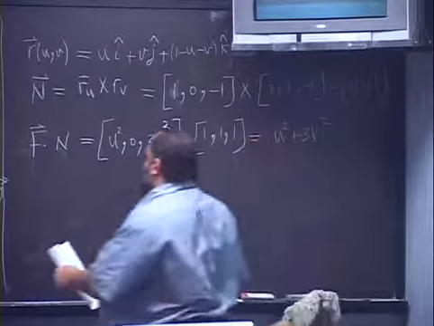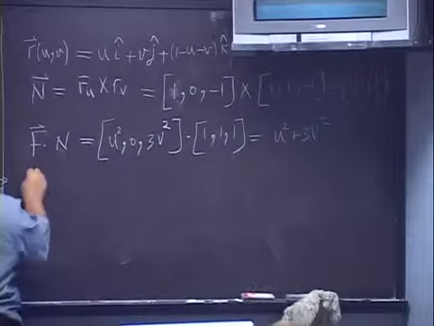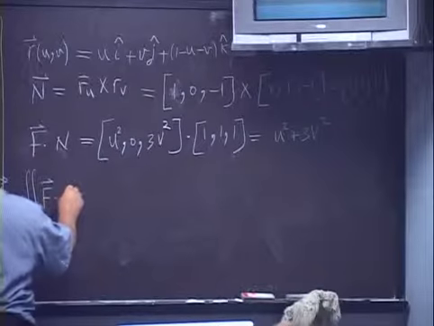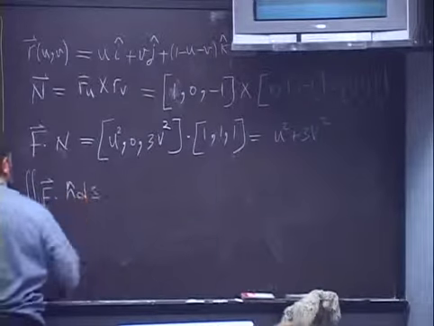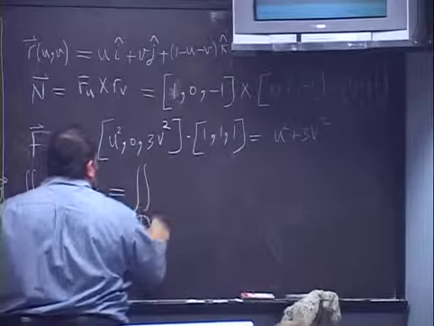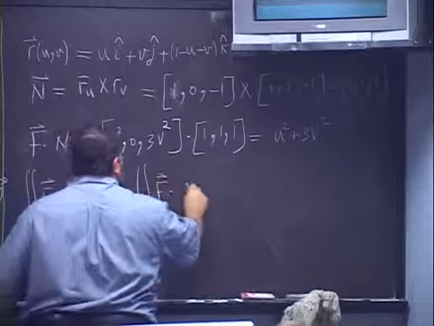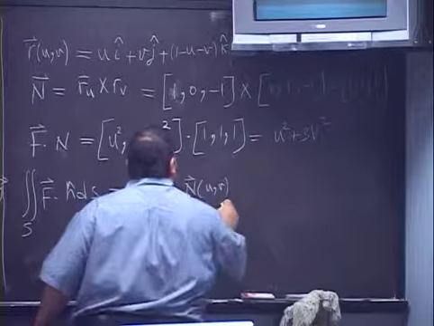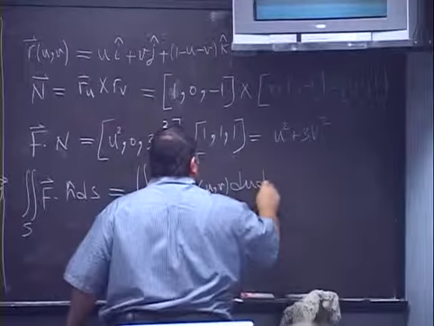Now, we want to evaluate over the surface the function f dot n dS, but we said that we can transform this to an integration in the region in a plane.